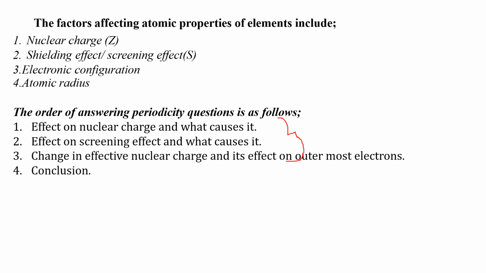But the conclusion is what's going to vary, depending on whether you are explaining ionization energy, atomic radius, electron affinity, standard electrode potential, among others. But note that we need these marking points in your explanations. So let's hop on to the next slide and see how we can include that in our explanations.